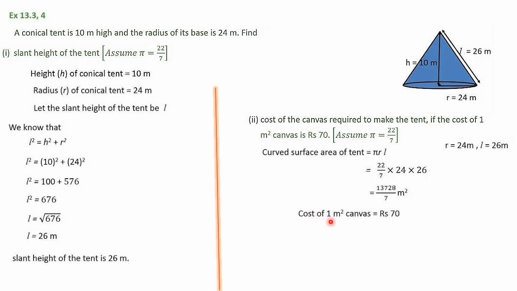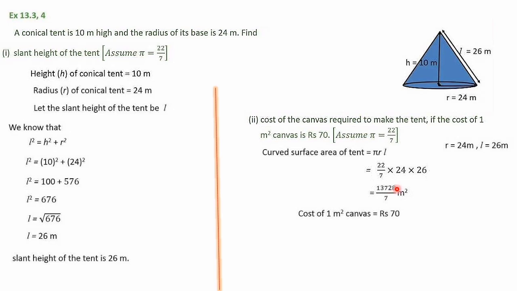So the cost of 1 meter square canvas is rupees 70. This division you need not do because it can be cancelled later, so just keep the denominator as it is. 13,728 divided by 7, let it be the same. Then by using the given condition, the cost of 1 meter square canvas is rupees 70.